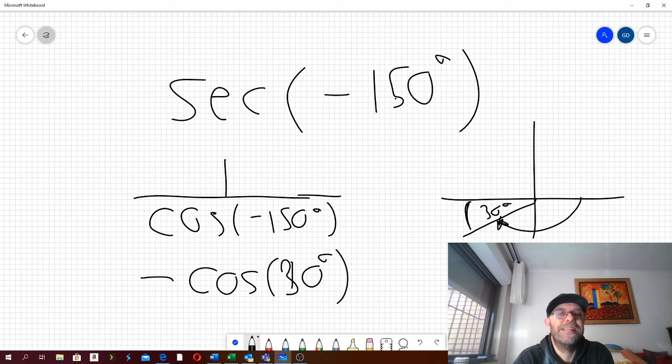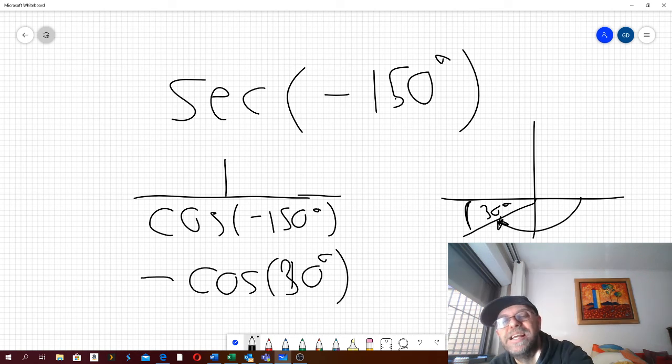Well, cos of 30 is root 3 over 2, or if you go into your calculator, cos of 30 is 0.866. So this comes out as negative root 3 over 2, or negative 0.87 if you round up.